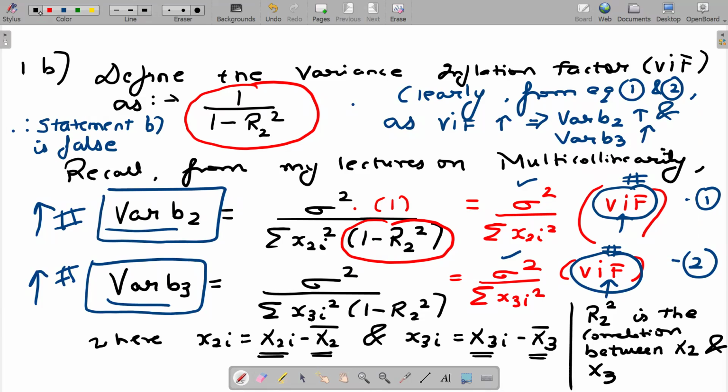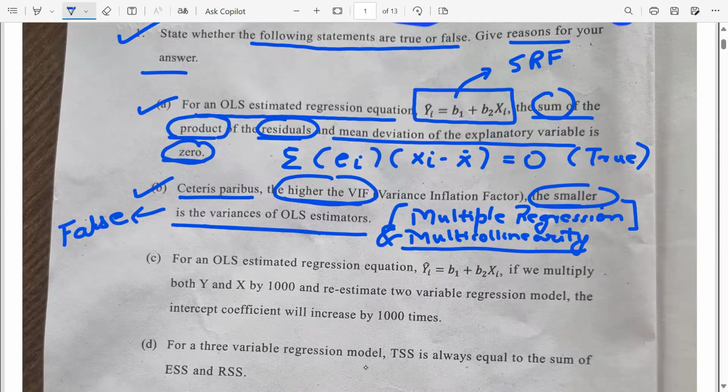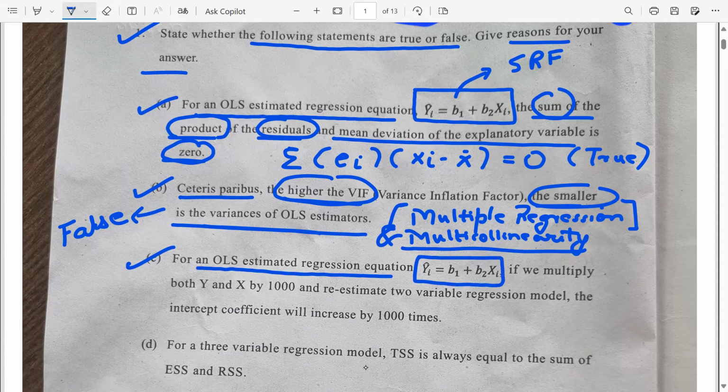Okay, so coming back to the question paper, let's look at part C. For an OLS estimated regression equation, yi hat equals b1 plus b2 xi, is a sample regression function given to us. If we multiply both y and x by 1000 and re-estimate the regression models, the intercept coefficient will also increase by 1000 times.